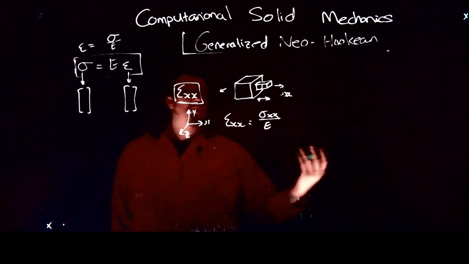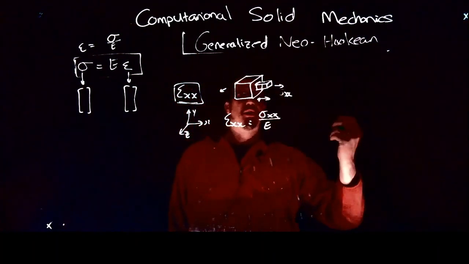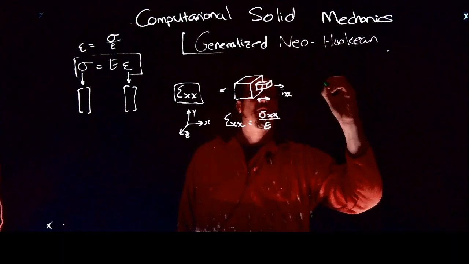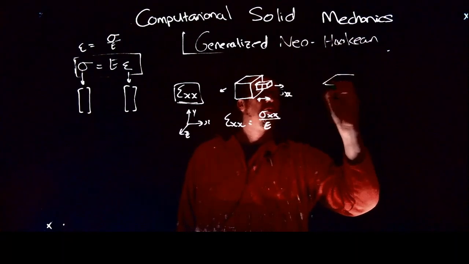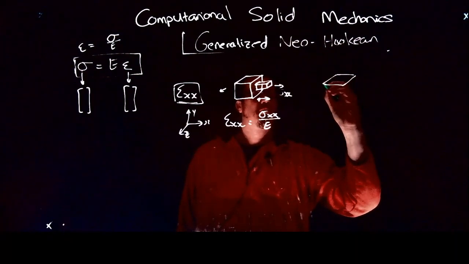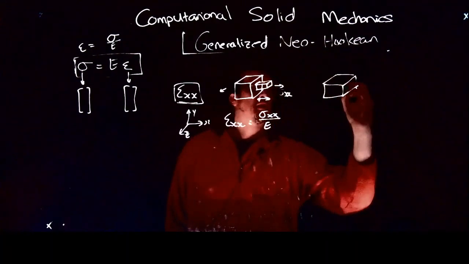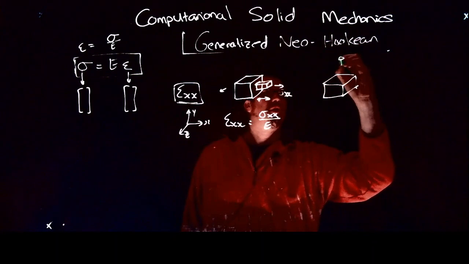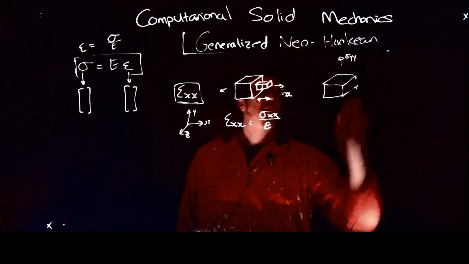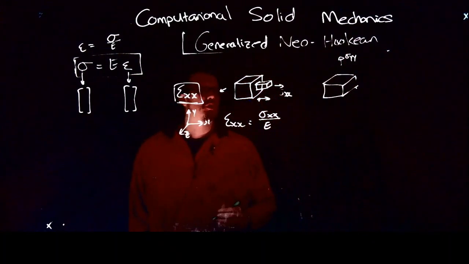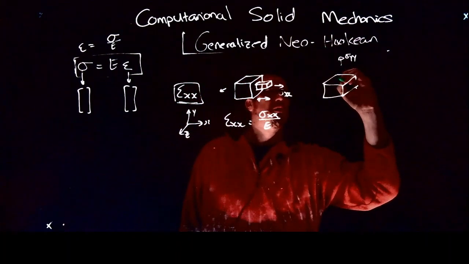I might have another loading condition in that same structure at the same time. And from superposition, I could say, let's start off with this cube, and I might have applied a loading in the Y direction, sigma YY, to this structure.